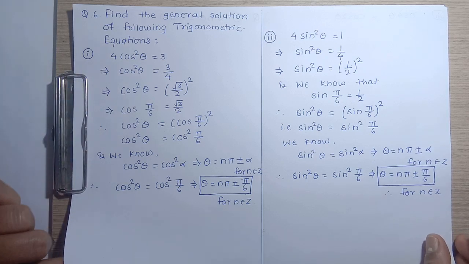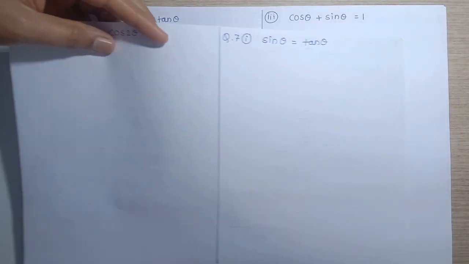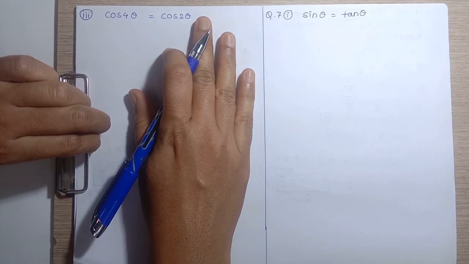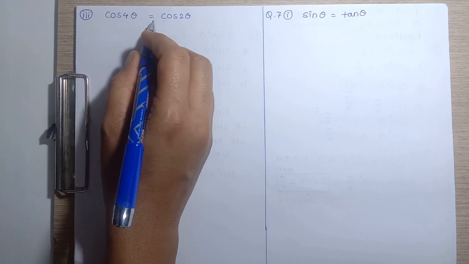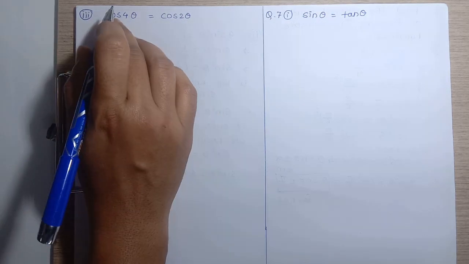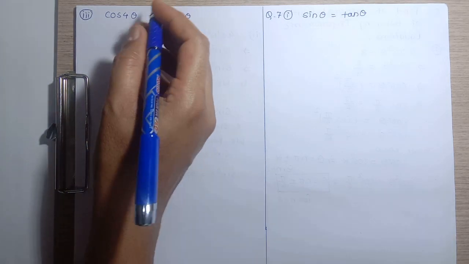Next example is cos of 4 theta is equal to cos of 2 theta.